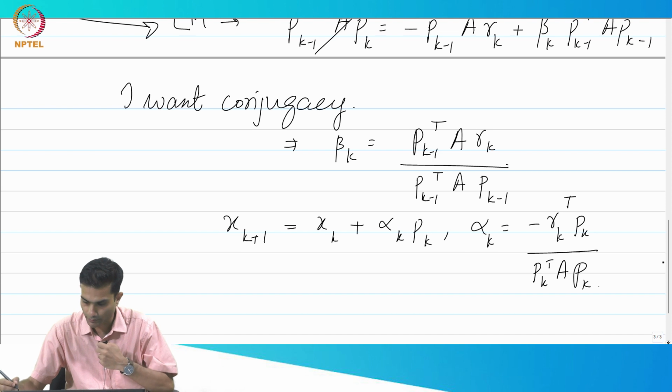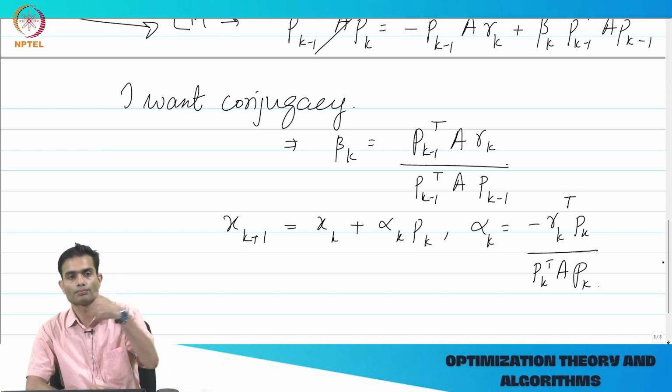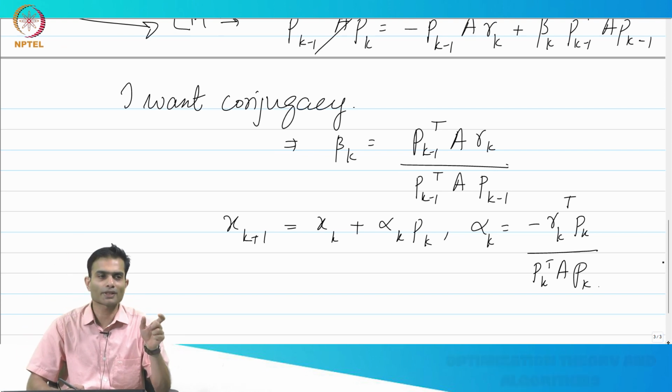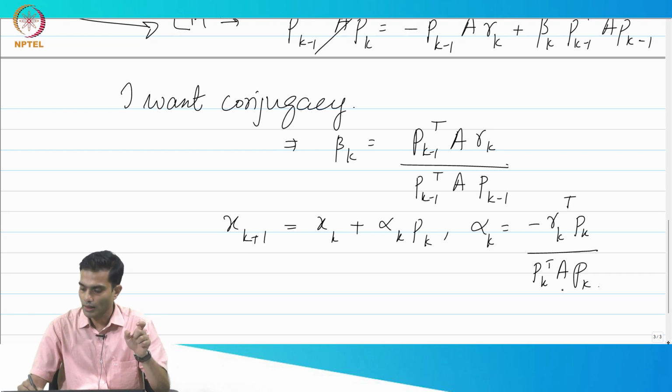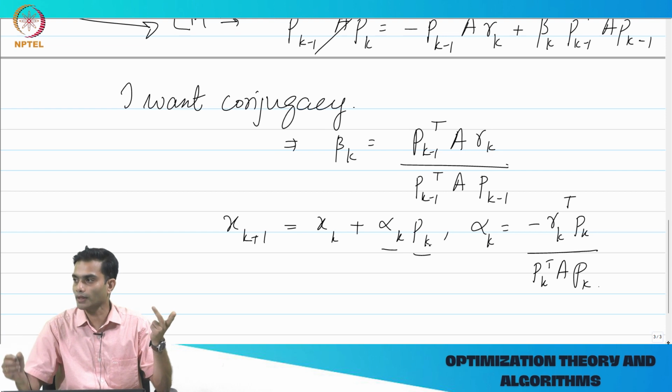Notice that in order to progress in this conjugate gradient method, what are the computational things that I need to do? I need to evaluate the alpha, and I need to evaluate the pk. These are the two things I need to evaluate. To evaluate alpha, what do I need to calculate?